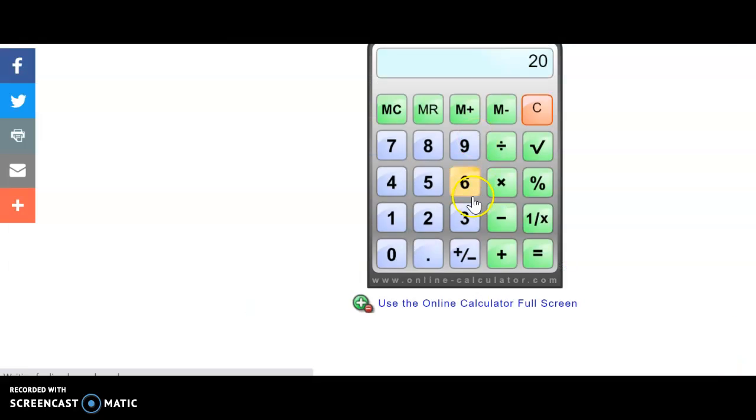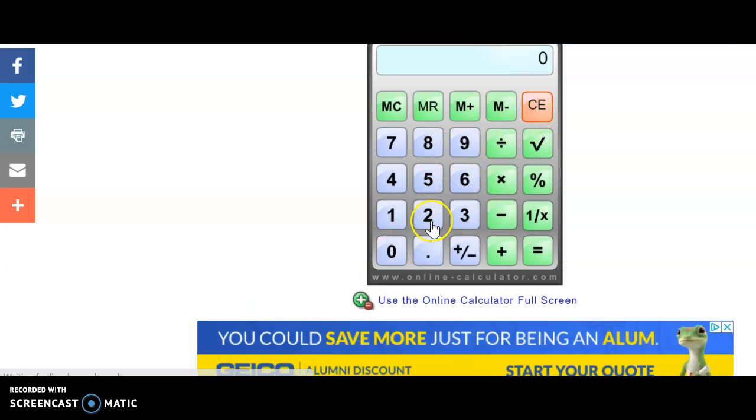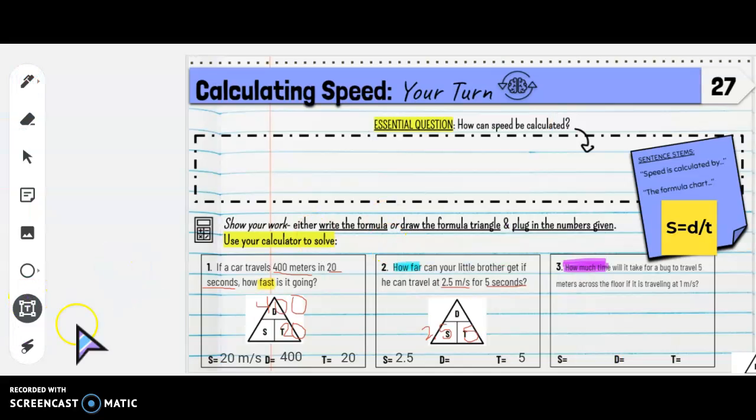I'll plug that in my calculator. 2.5 times 5 equals 12.5. So I'll write that down. The distance the little brother traveled is 12.5 meters.